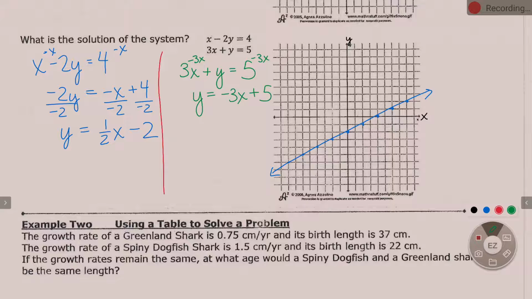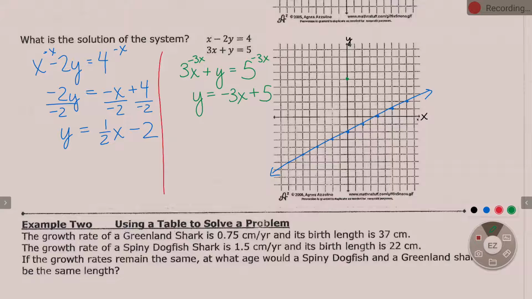Okay. So, where do I start on this one? Y-intercept of 5. Which direction am I going? Positive. Okay. Up 5.